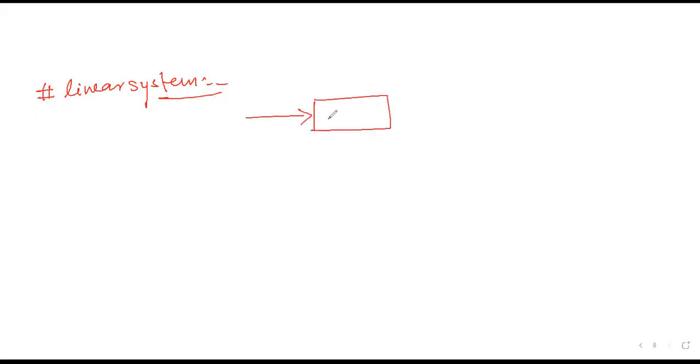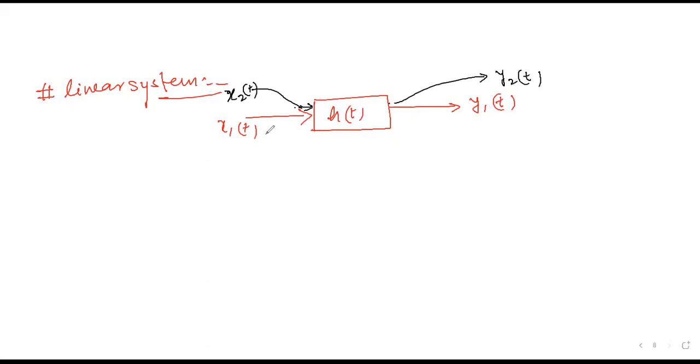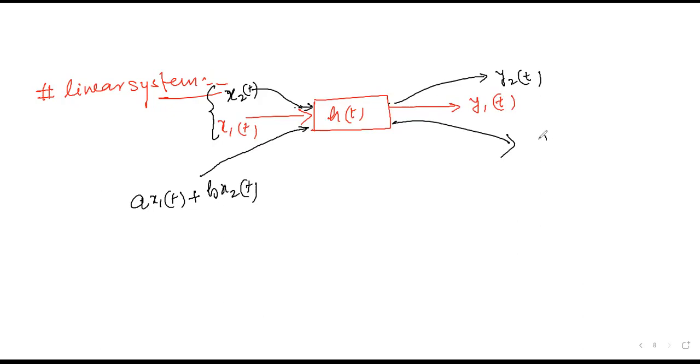Let's say this is h of t and the input is x1 of t, so the output is y1 of t. Let another input be x2 of t, and let's say the output is y2 of t. Now if you apply the combined effect of the signals, that is a times x1 of t plus b times x2 of t, then the output will also be a times y1 of t plus b times y2 of t.